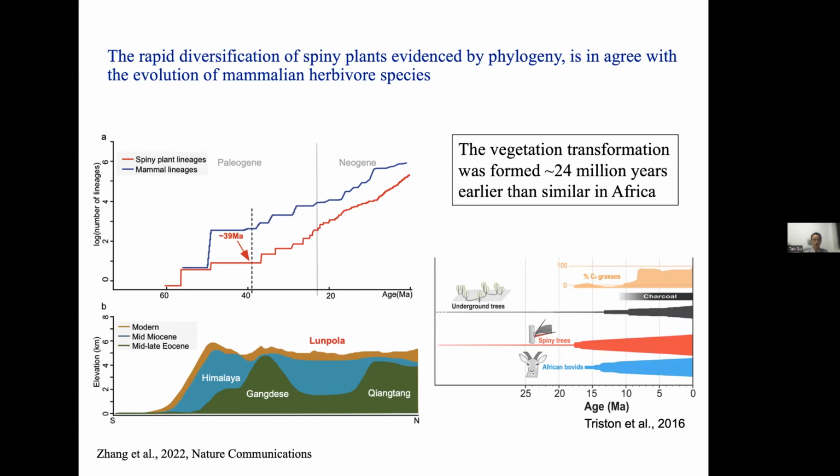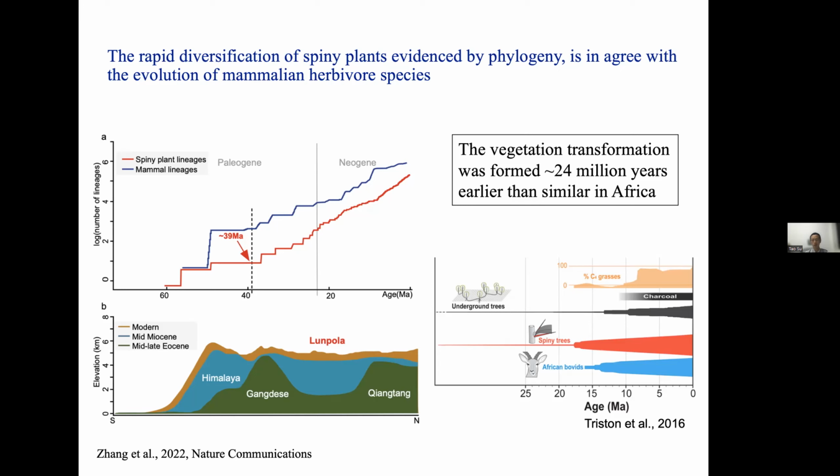We found that the pressure from mammal feeding and the drying climate in this region together promoted the evolution of spiny plants.